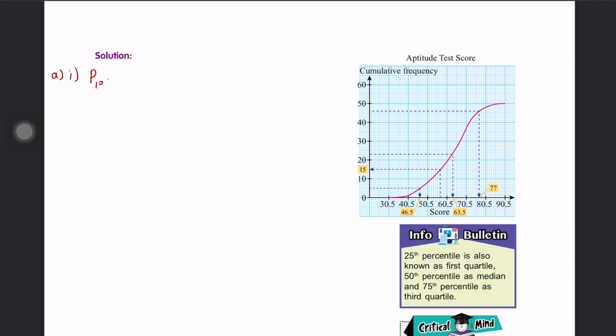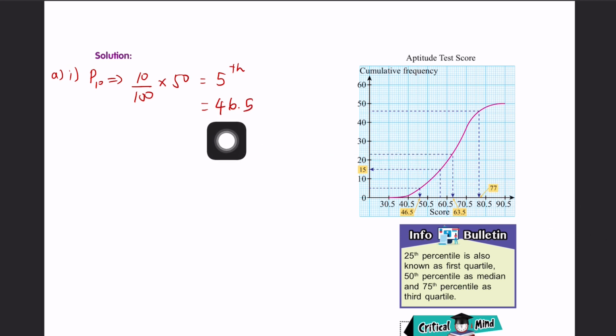So, P10 ni adalah 10 per 100 times, ni location of the 10th percentile. Berapa tadi? Cumulative frequency is 50. So kita dapat 5. Ni adalah location 5th data. Okay, so kita cari daripada ogive, cari yang 5, dot putus, kena ogive turun bawah. So kita dapat 46.5.